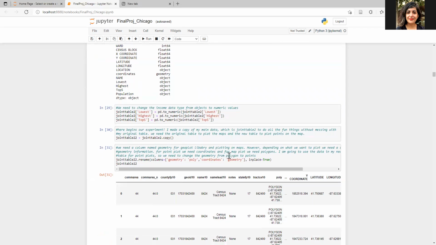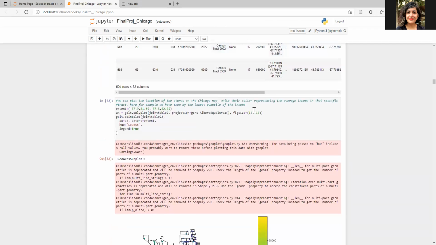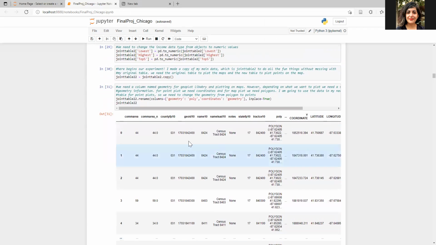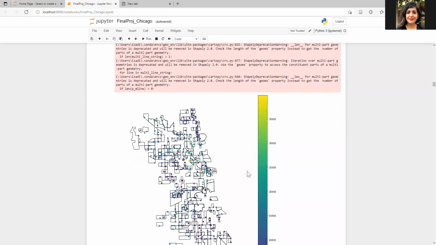I definitely did some other labeling and renaming to make it user-friendly. At this point, I had one comprehensive table, join table 2, that collected all my data sets together, and I was ready to start mapping my project.